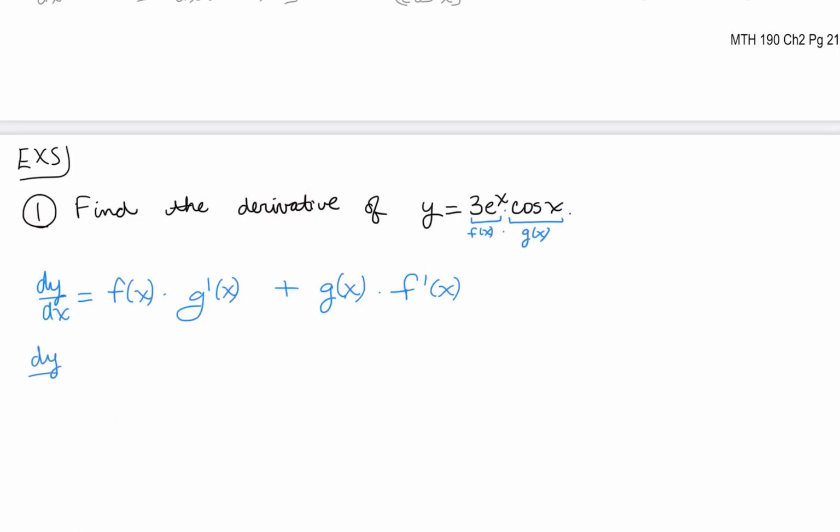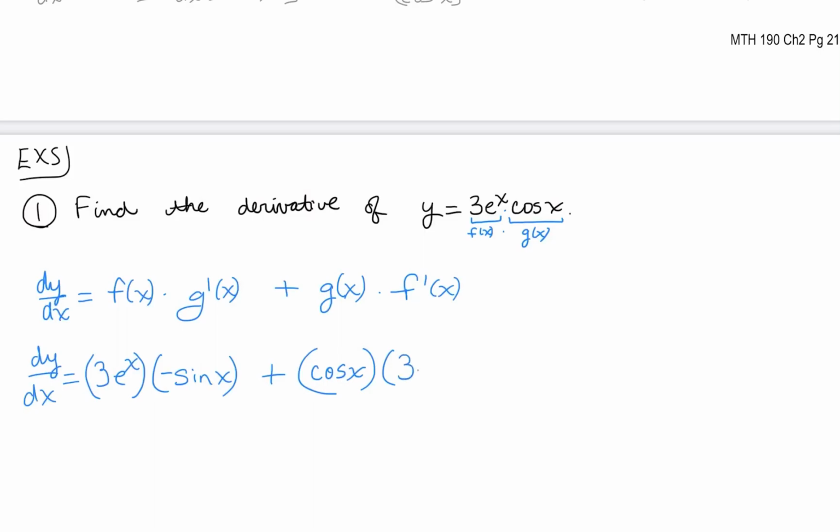All right, let's take a look. So f of x is our 3e to the x, g prime, the derivative of cosine of x, that is the opposite of sine x, so negative sine x. Plus, change that order, now it's g of x left alone, so cosine of x left alone, times the derivative of f.